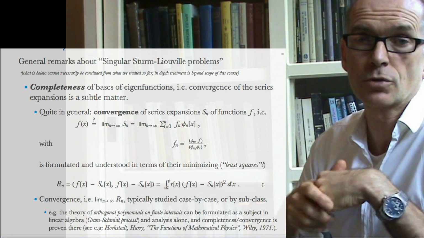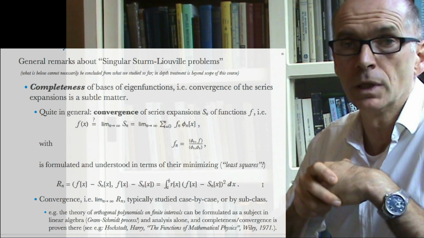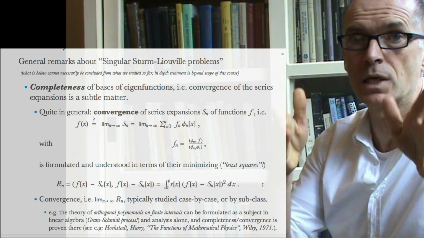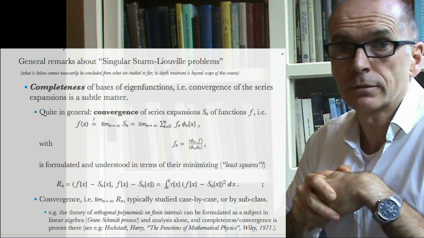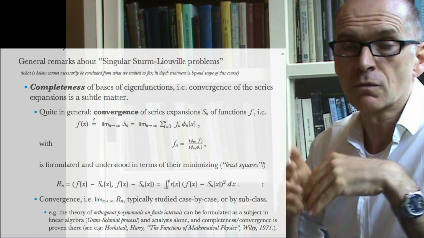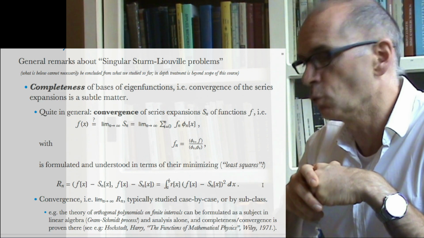In mathematics, the theory of all such orthogonal bases of polynomials on finite intervals is a standalone subject, linear algebra and analysis, and for those bases it has been proven that they are complete.